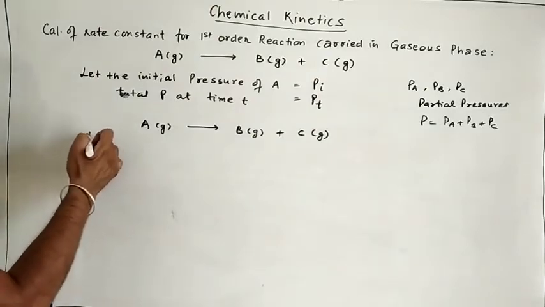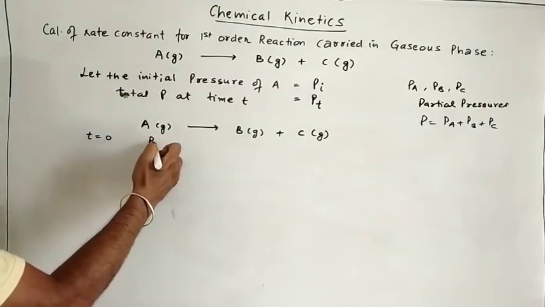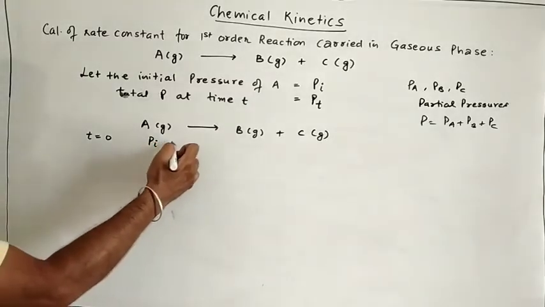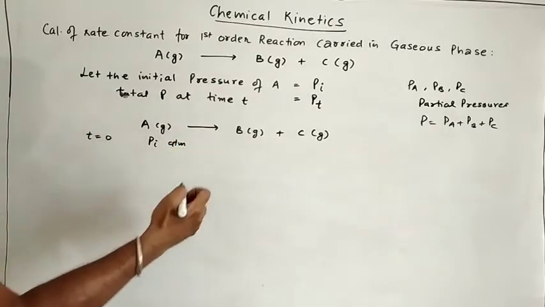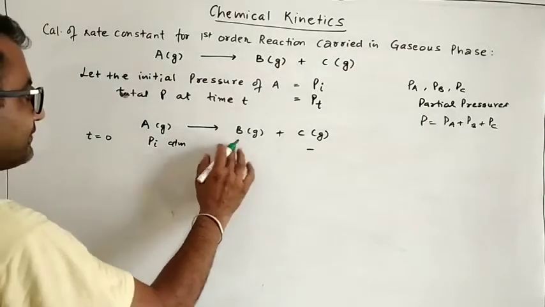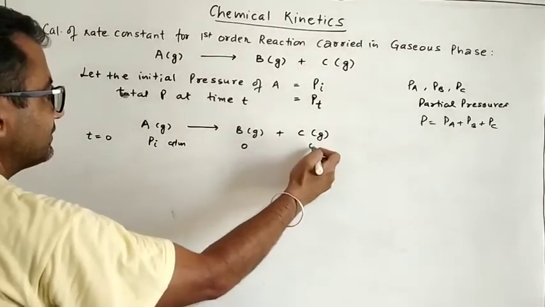Now if t is 0, your pressure is Pi, and we assume the unit of pressure is atm. B is not there, C is not there initially, so the pressure of B is 0, and of C is 0.